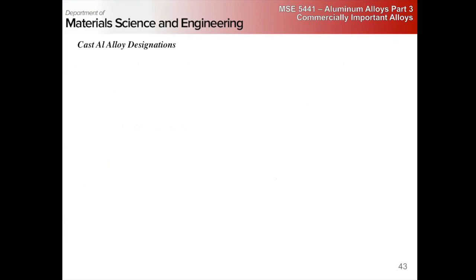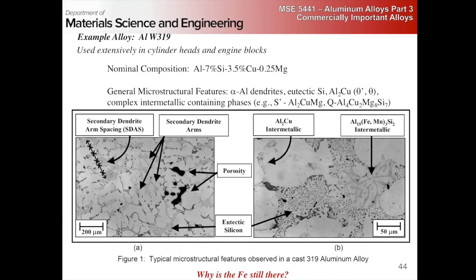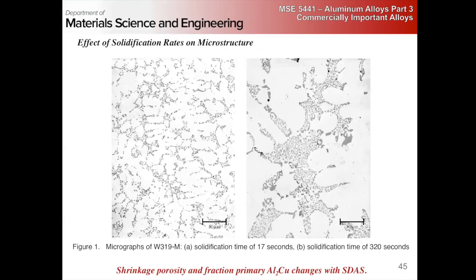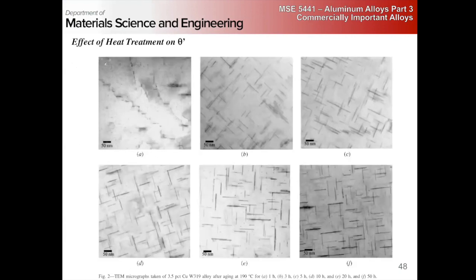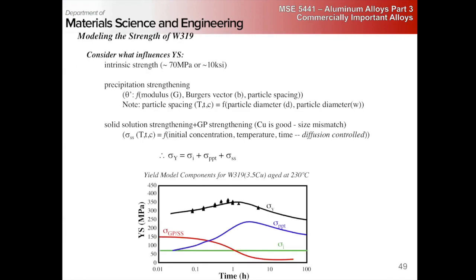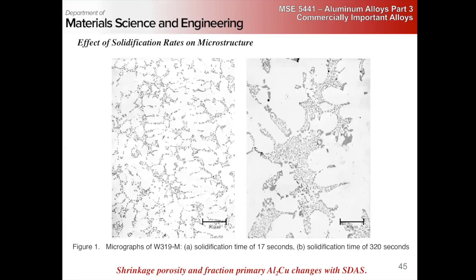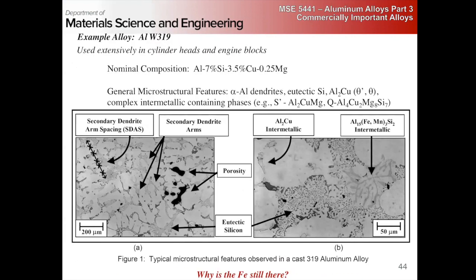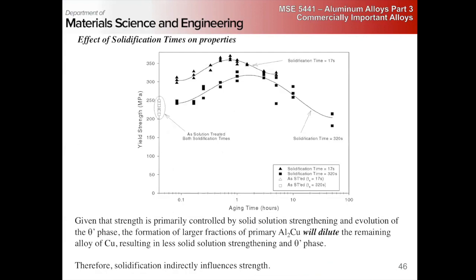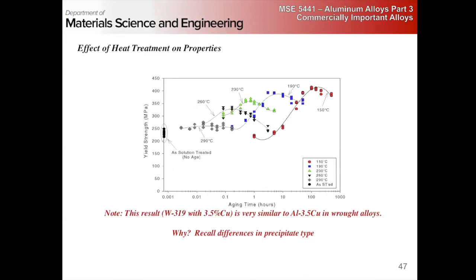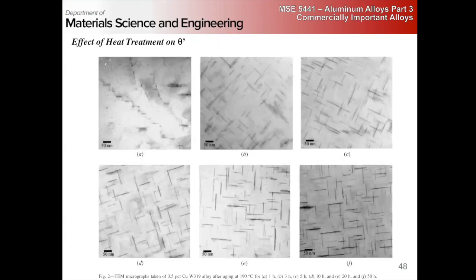And then the cast alloys were really more for information. Something that might be fair game would be, as a short answer, asking why you have to consider both high cycle fatigue and low cycle thermal fatigue for a cast aluminum.